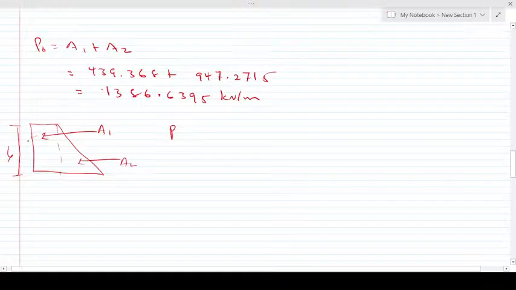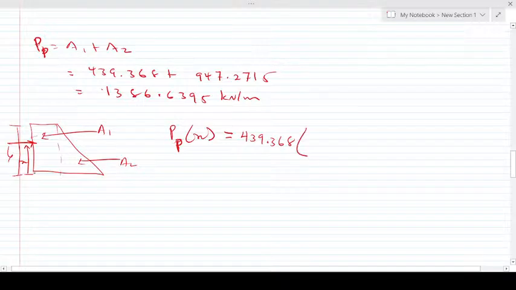Then our P will act somewhere here at a distance of X. So we have PP, since we are doing passive. So PP times X should be equal to A1. A1 was what? 439.368 times the centroid to the base.